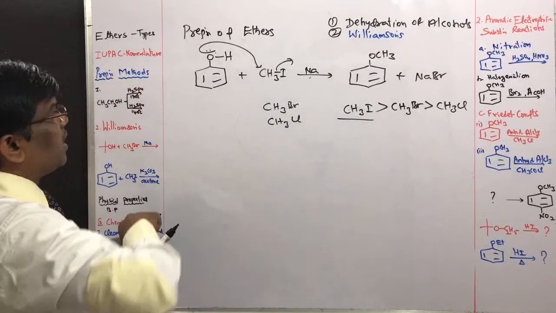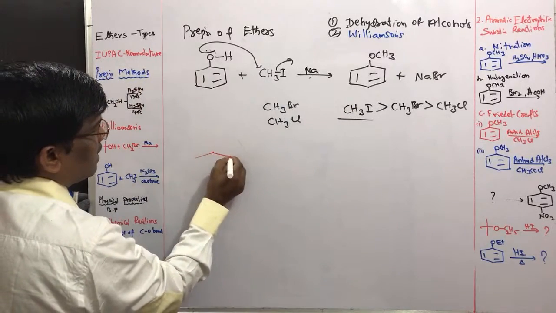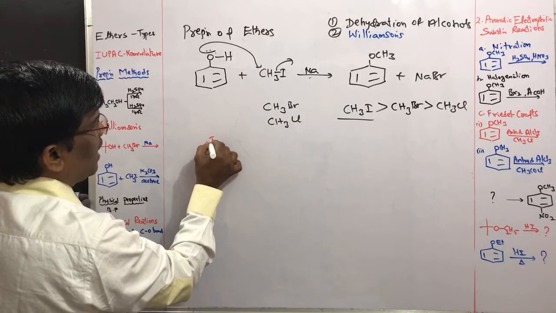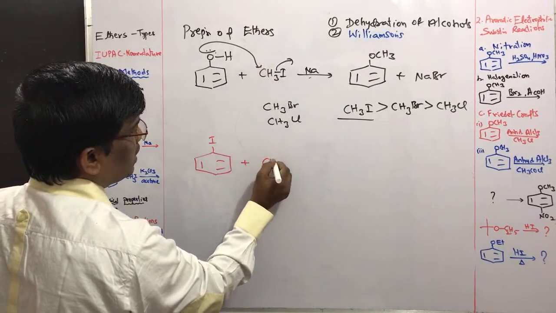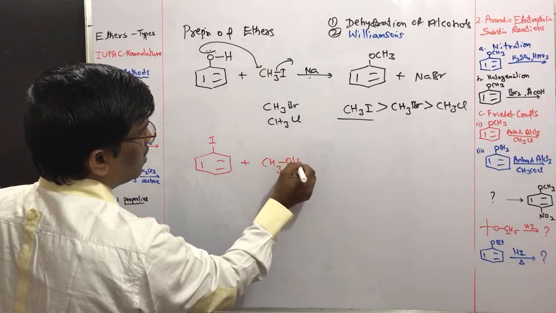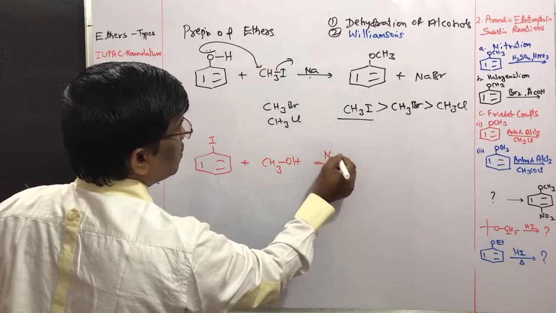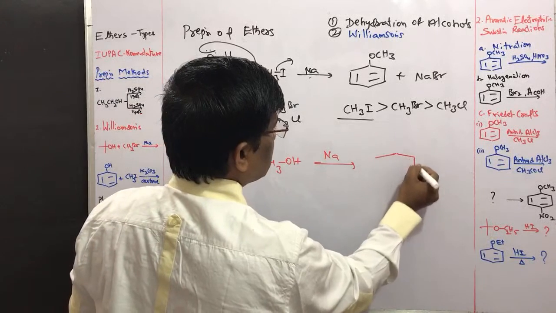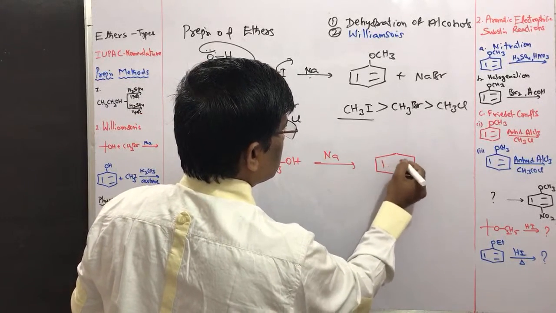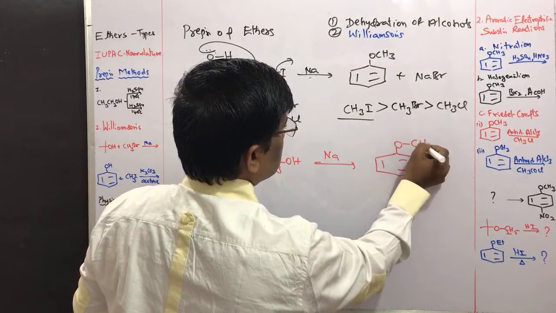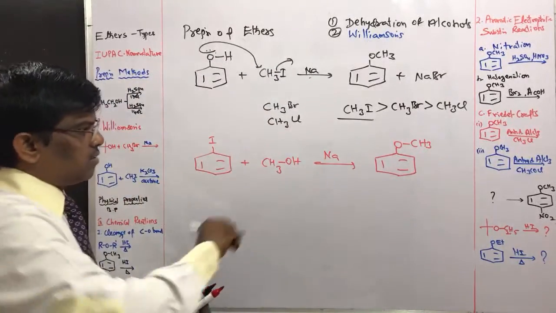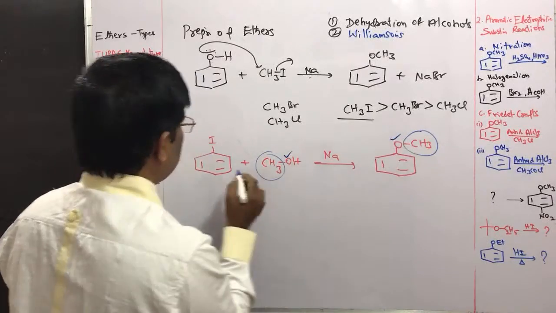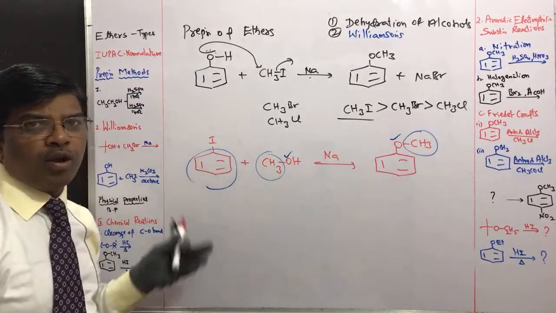Then the question comes, if I take this side iodide and use methanol and use the same sodium, am I going to get this? So this is the methyl part, this is oxygen, and here phenyl iodide, iodobenzene.